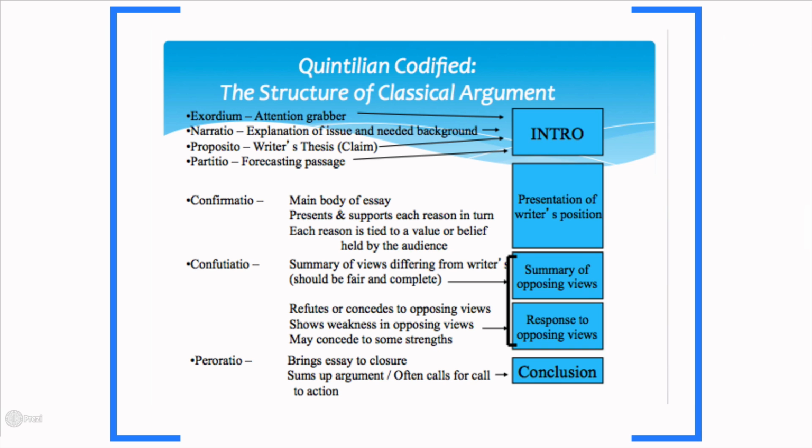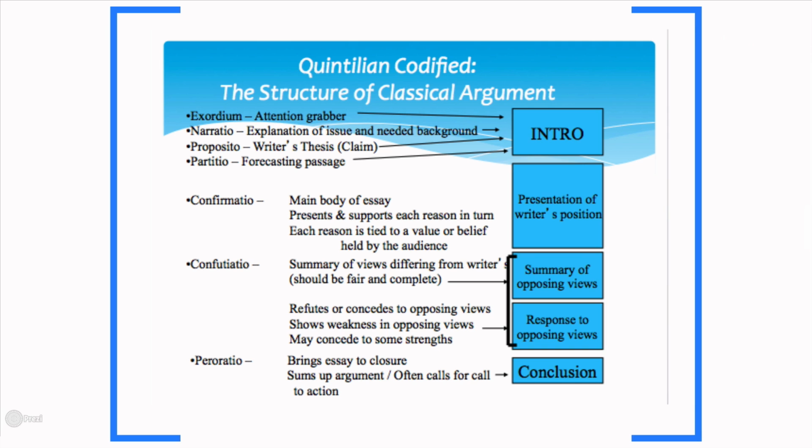And Quintilian is the one who took what was an oral tradition with classical argument. Someone would present an argument orally to a group of people. That Greek classical notion of argument. What the Romans did, which is what they did with most everything Greek, they took their gods, they took everything, and they made them Roman.